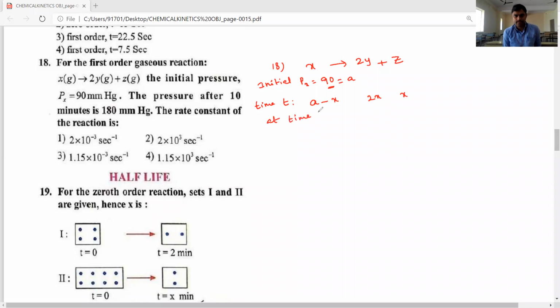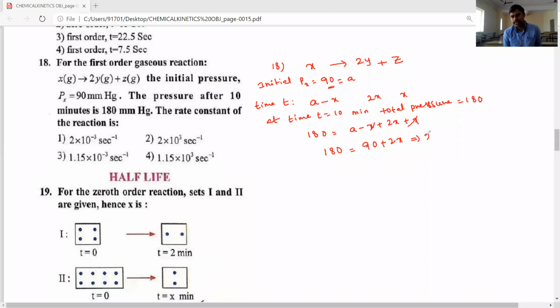At time t equal to 10 minutes, the total pressure is equal to 180. This 180 is equal to A minus x plus 2x plus x. The x will cancel. Then 180 is equal to the initial pressure, 90, plus 2x.